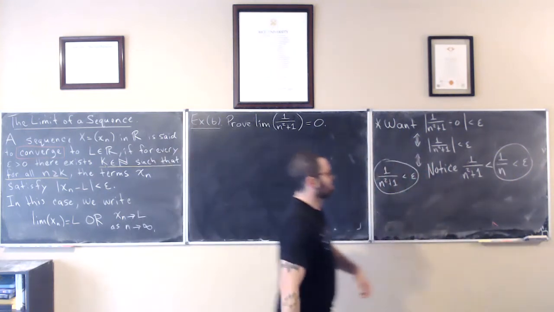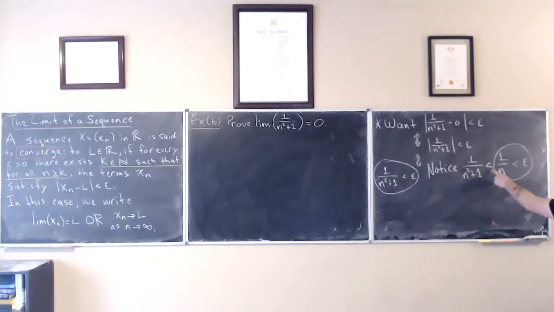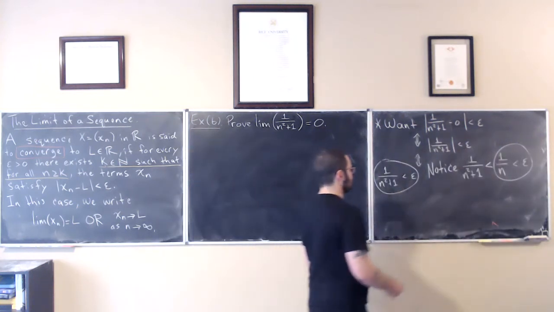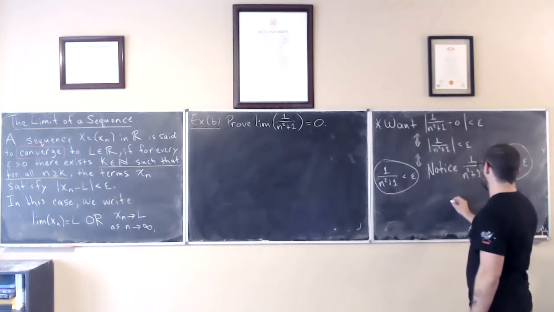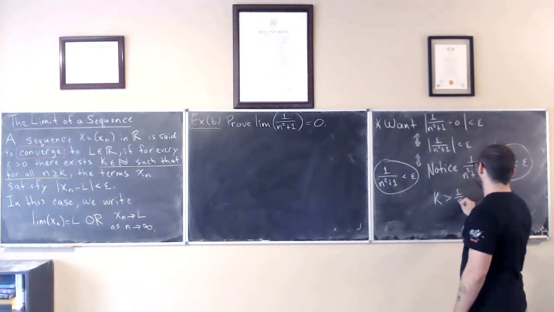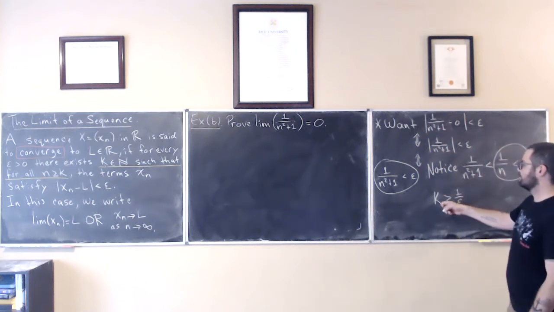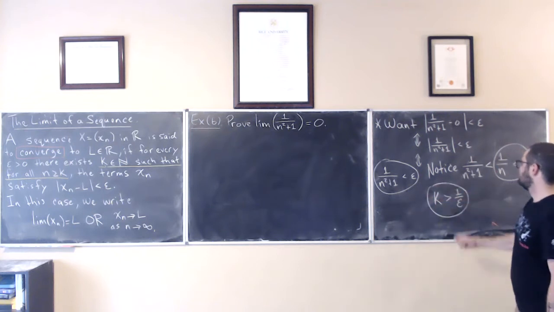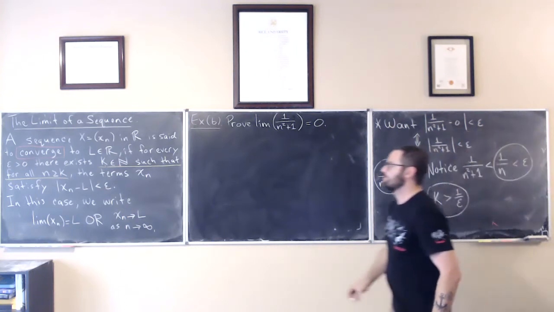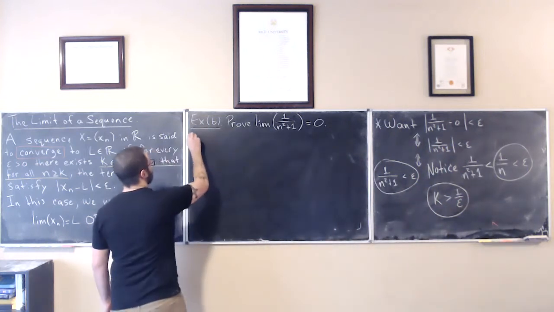If we can make 1 over n less than epsilon, then that's less than 1 over n, which implies what we want. So what did we choose? We choose k to be greater than 1 over epsilon. So epsilon is strictly greater than 1 over k. That's what we did in the previous example, which forces that to be less than epsilon, which is the thing that we want. So it's basically the same thing though.